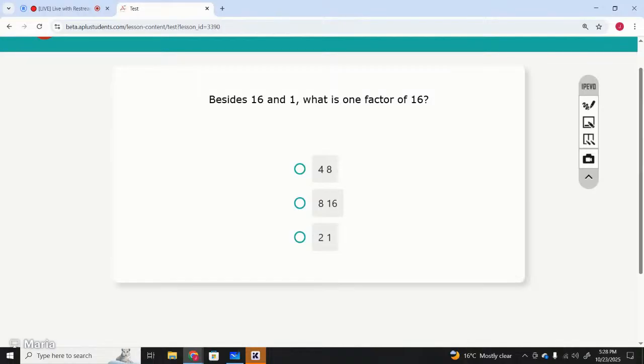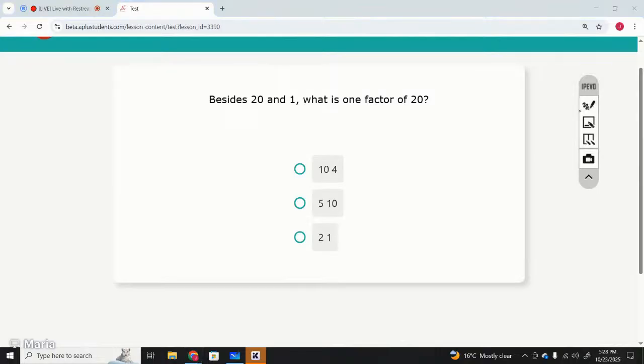Which numbers can evenly divide 16? They all can divide 16 evenly, but 4 and 8 are also factors beside 16 and 1. That's why 4 and 8 is the one. Got it?